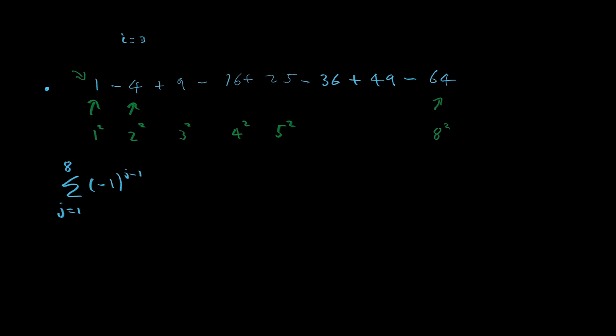And then we need the base of the number being squared. So now we would just have j, not I, j squared. Let's see if I didn't mess this up. The first term would get us -1 to the power of j minus 1, and j equals 1 in the first term, so we would have 1 minus 1, which gets us 0 in the power, times 1 squared.